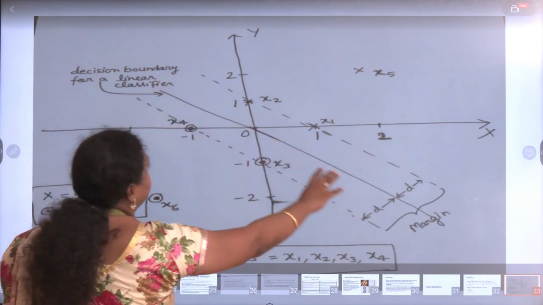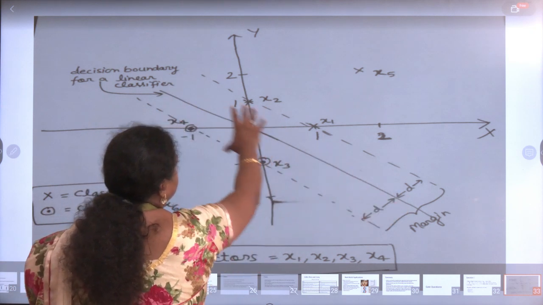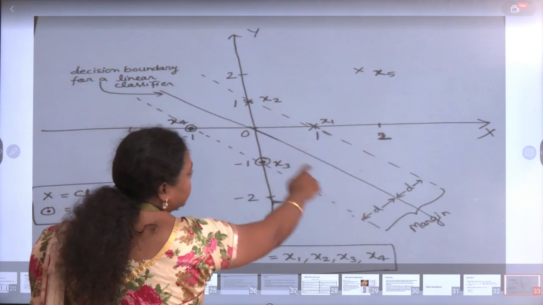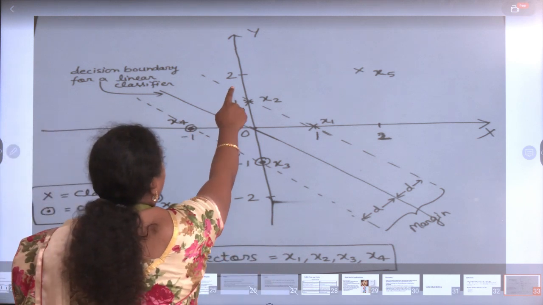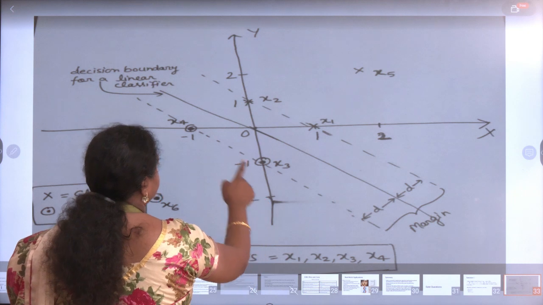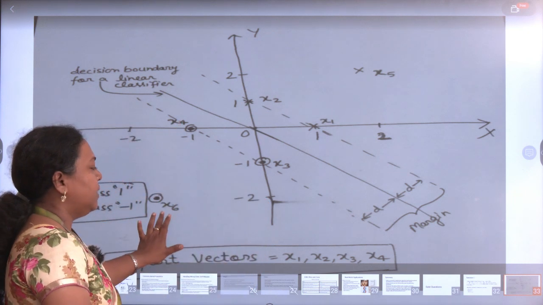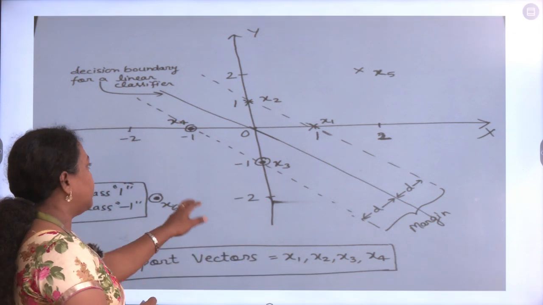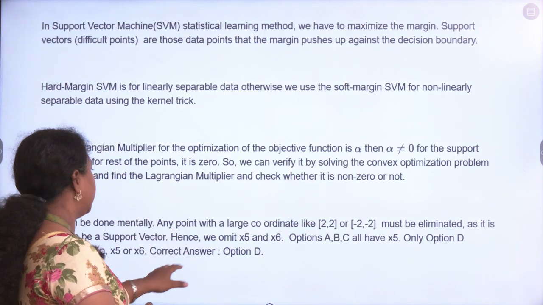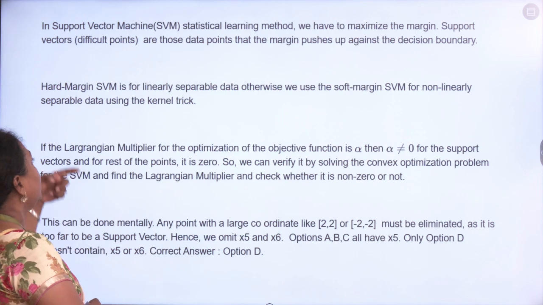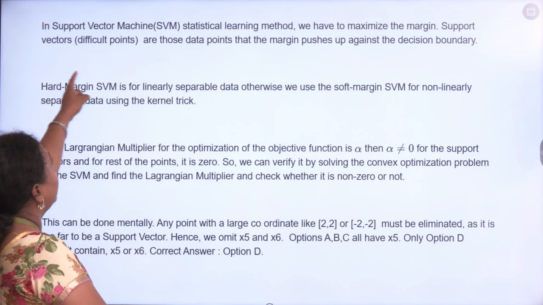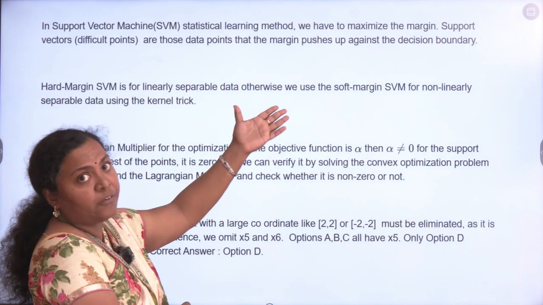So this clearly forms a margin and gives us a hyperplane, and it says that x1, x2, x3 and x4 are the support vectors, and this is the solution to it. This can either be done manually or you can use the definition that we have already seen.